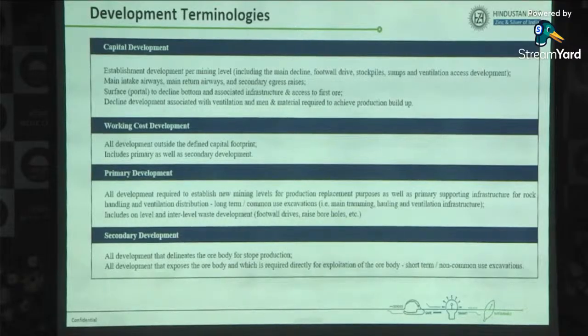And revenue cross cuts that we develop to reach the ore body will be revenue development. So we have two types of cost also, COPV1 and COPV2. In COPV1, capital development cost will not be included. In COPV2, capital development cost will be included, as part of capex.